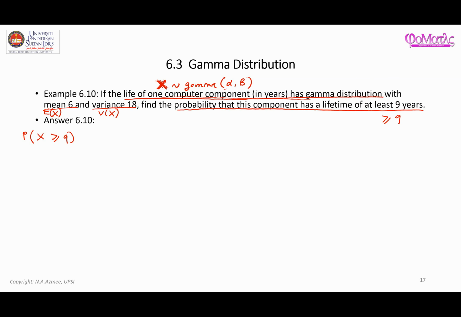In order to do that, we need to integrate the probability density function. The probability density function for a gamma distribution is given by 1 over beta to the alpha times gamma of alpha, times x to the alpha minus 1, times e to the negative x over beta, dx.